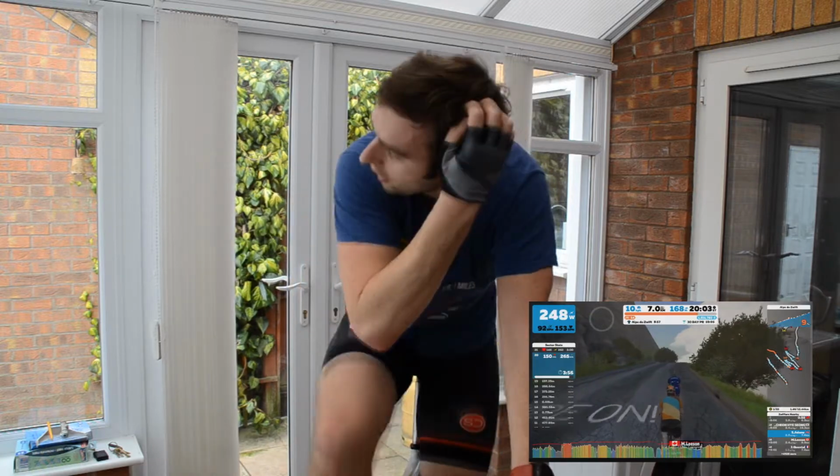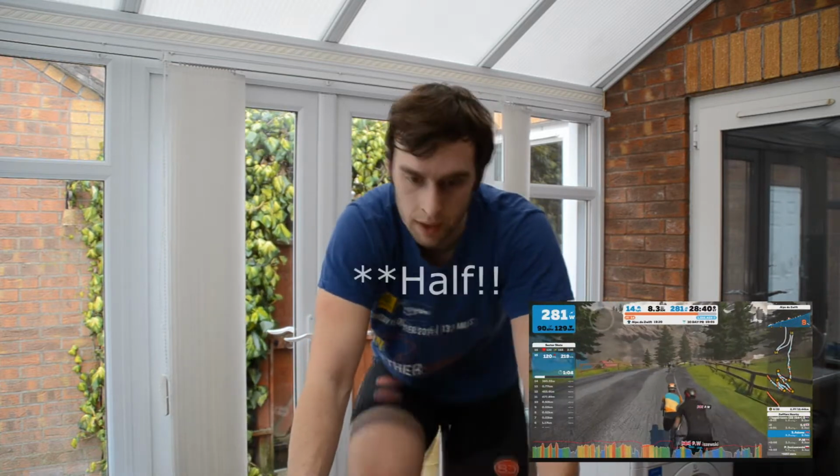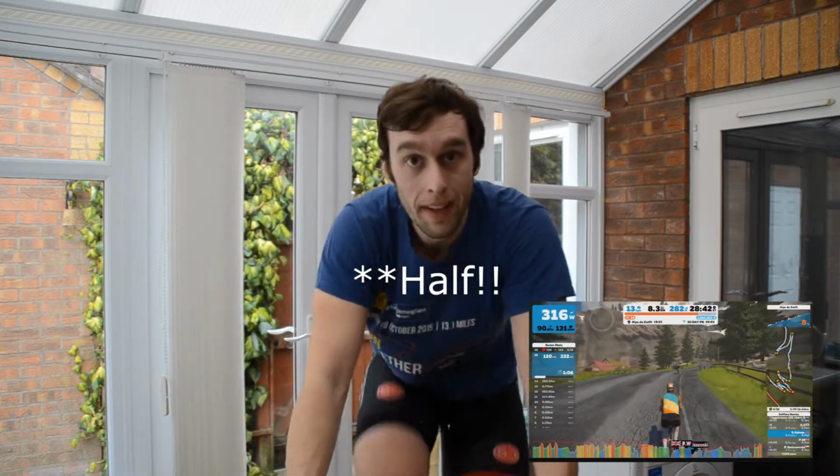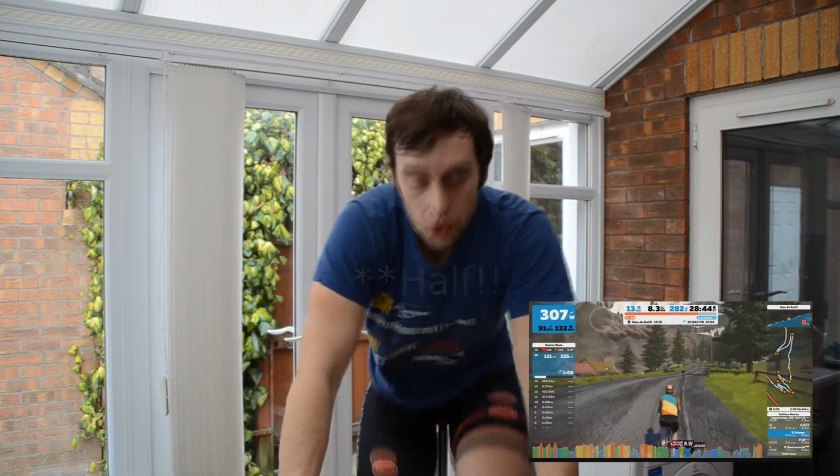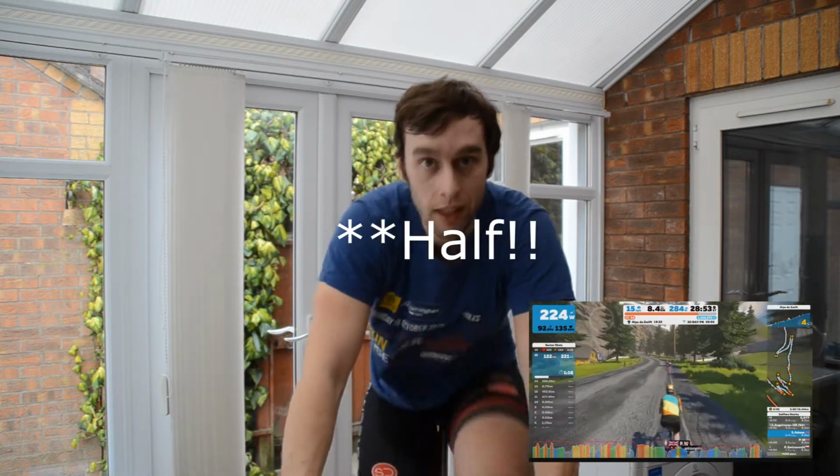Now, although I'm feeling 5% on the incline, if I was to turn round, I'm only going to feel a quarter. Now, at any point in Zwift, if you turn around and descend, you are only ever getting a quarter of the help of that hill from the game.